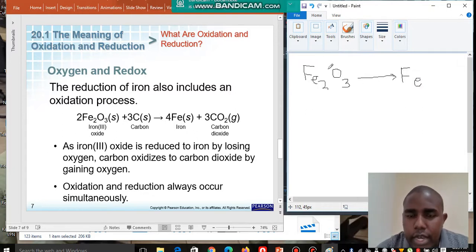So the change from iron oxide to iron, that means that oxygen has been removed. So the removal of oxygen from iron oxide is termed as reduction. So this is called reduction.